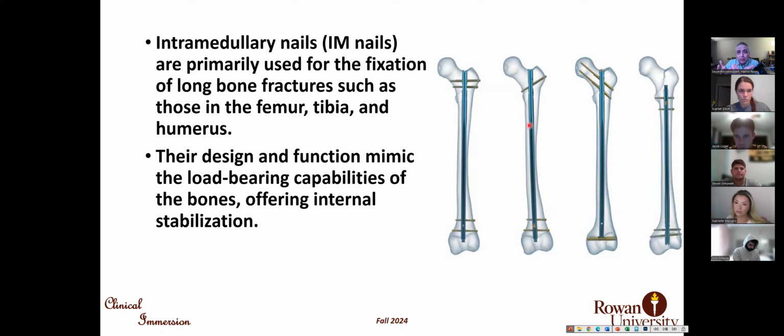Pelvis is an irregular bone, but we use screws inside the medulla to fix the pelvis, but they are not called intramedullary rod. They are intramedullary screws. Rod or nail is only used in long bones, femur, tibia, humerus, and rarely radius and ulna in the forearm.